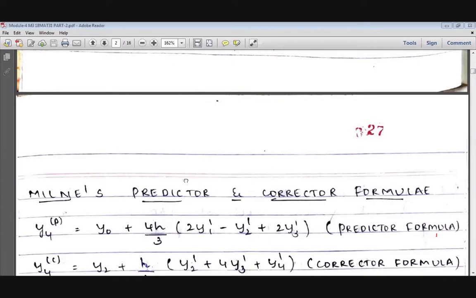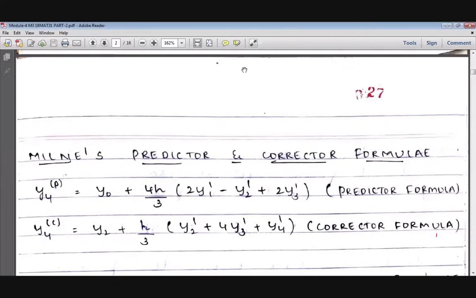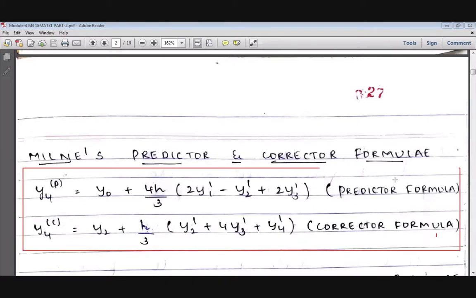So this is the formula. Milne's method, write this formula. y4 of p is equal to y0 plus 4h by 3 times (2y1' minus y2' plus 2y3').